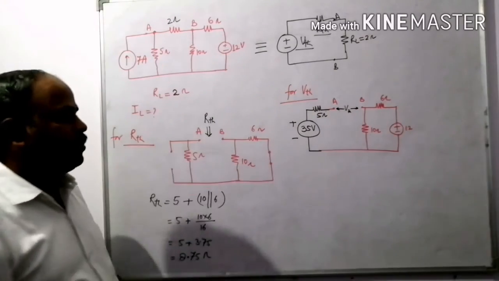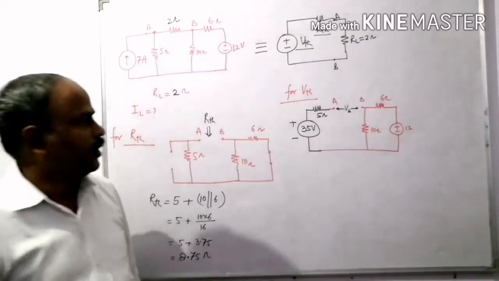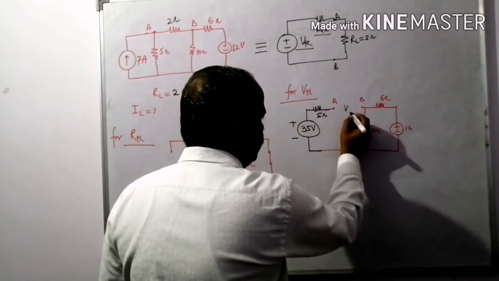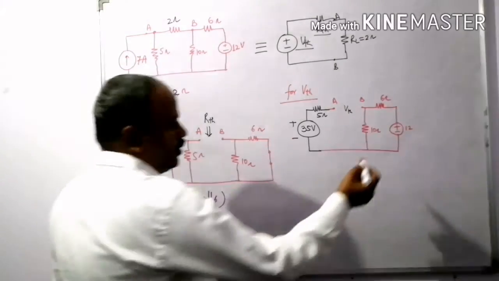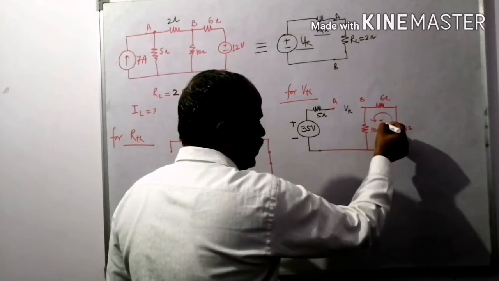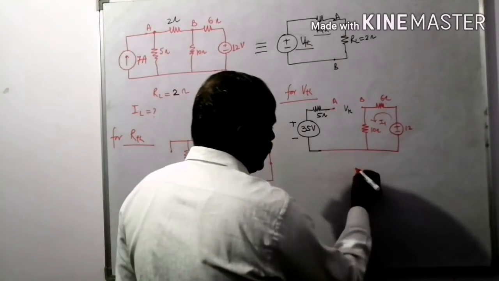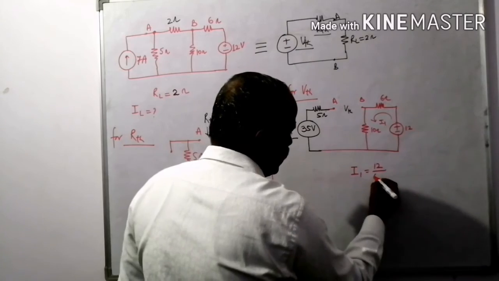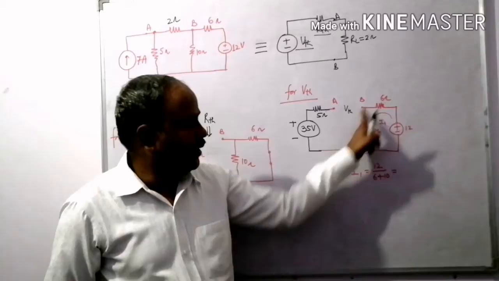VTH is the voltage across the point A and B. Is it clear? Okay. Right? See, this one is a closed circuit, so current will flow in this direction. Say it is I1. Okay, so in this circuit, first of all I calculate I1, that is 12 divided by 6 plus 10. See very carefully, this 10 and this 6 are in series.